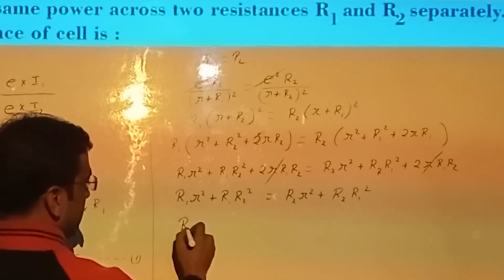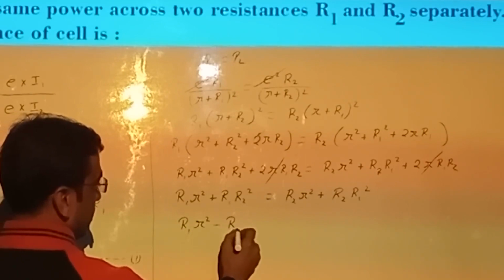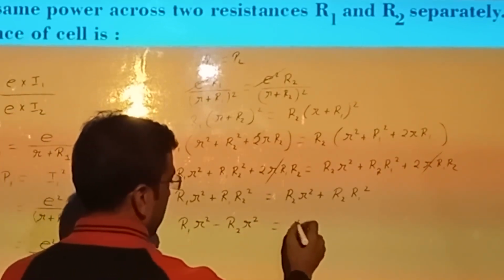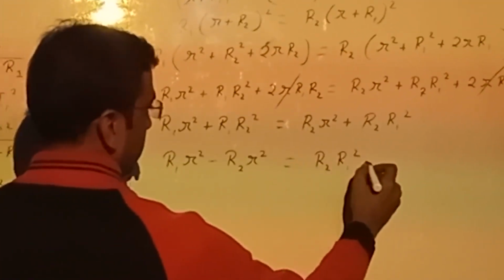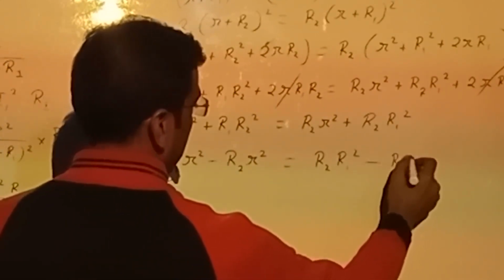Now I am taking the R square terms to the same side, so it is written as R square (R1 minus R2) equals R2 R1 square minus R1 R2 square.